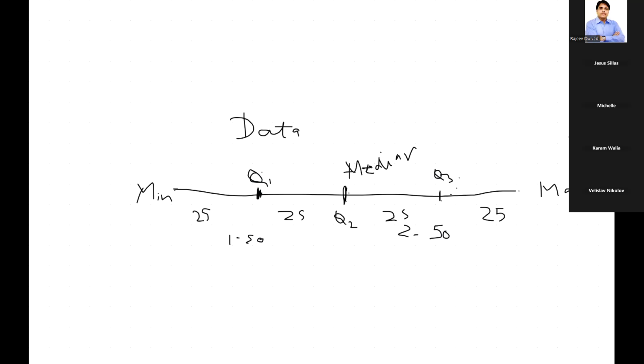Now the question comes: what is the top 25% range? This is the top 25%, and its value would be the maximum minus Q3. Let's say the maximum is 100 and Q3 is 75, so the total is 25. What is the value of the second 25%? It is the median, whatever the median value is, minus Q1.